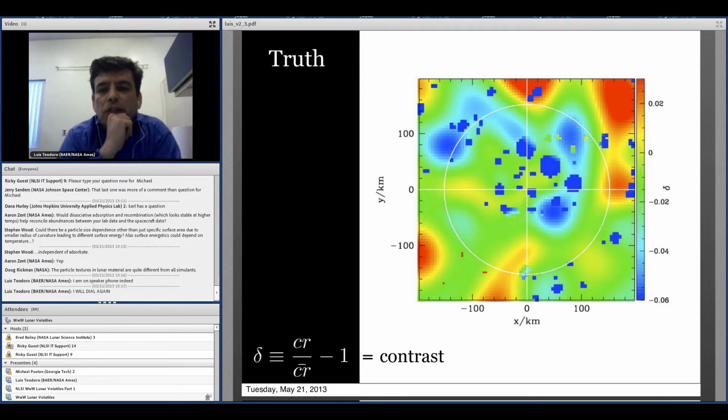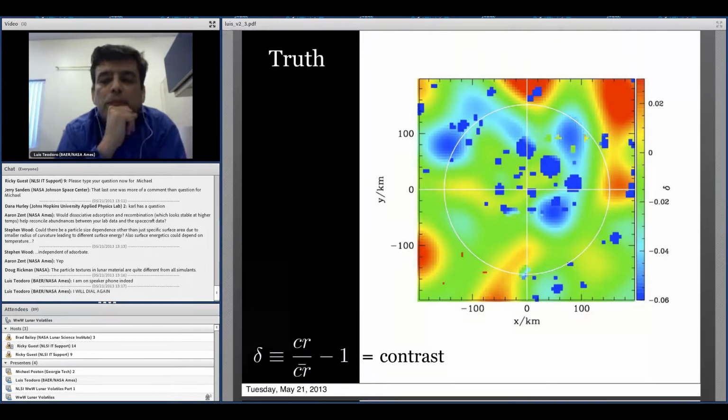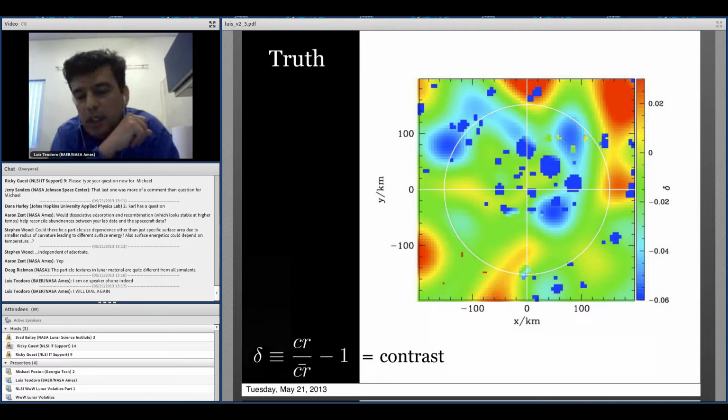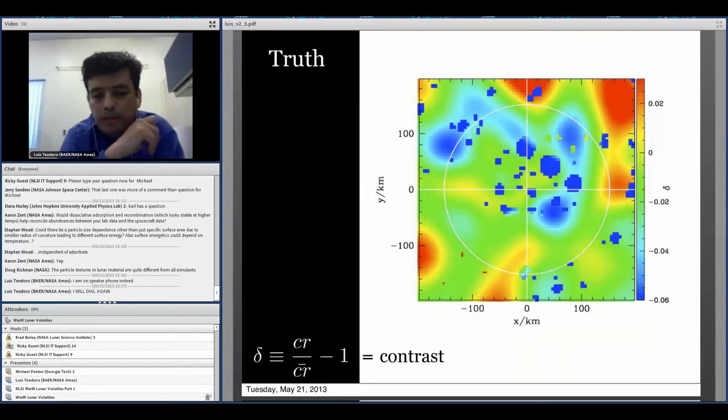So let's say that we have a mock South Pole count rate map, but rather than using the usual count rate, you just divide the count rate by the mean and subtract 1. This is called, in these other fields in physics, industrial physics, contrast.